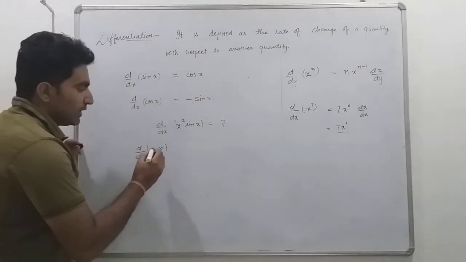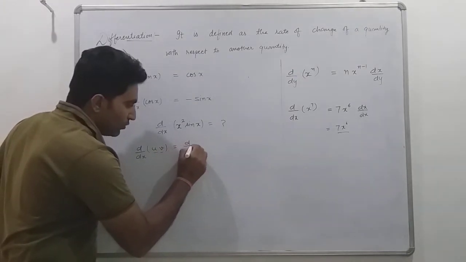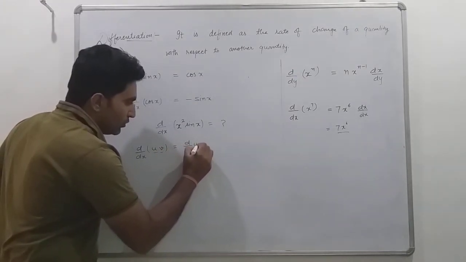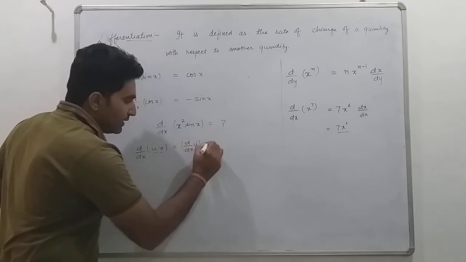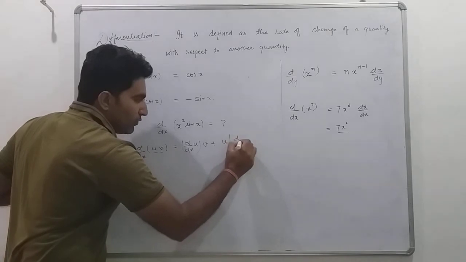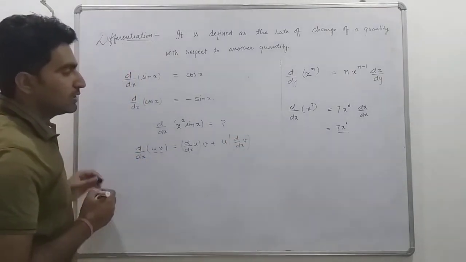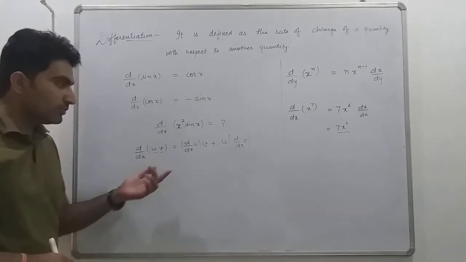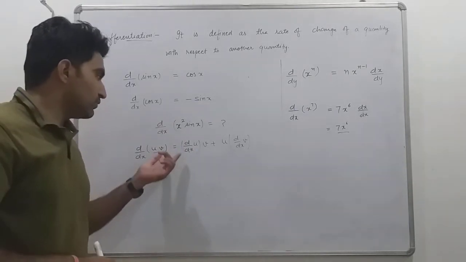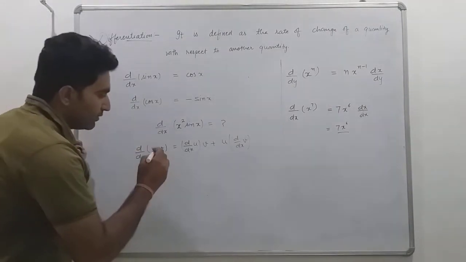Then the differentiation of uv will be equal to differentiation of u, v remains as it is, plus u remains as it is, differentiation of v. So we use this formula in the above problem.